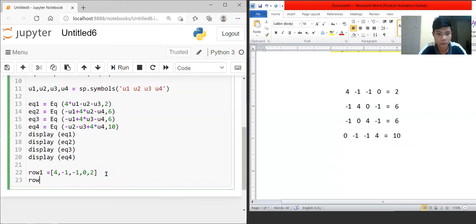Row 2 is negative 1, 4, 0, negative 1, 6.